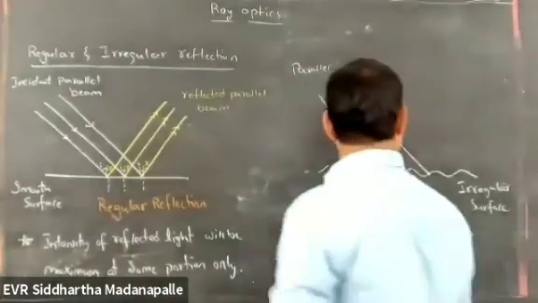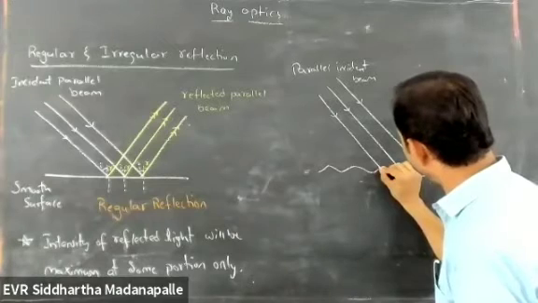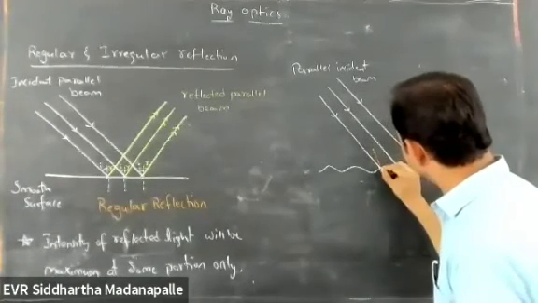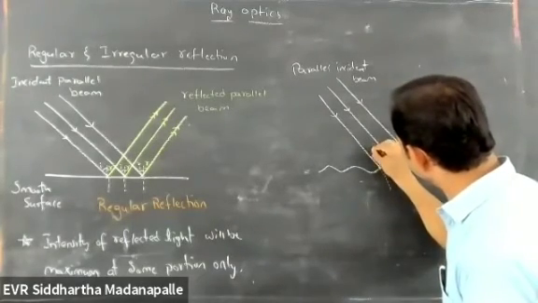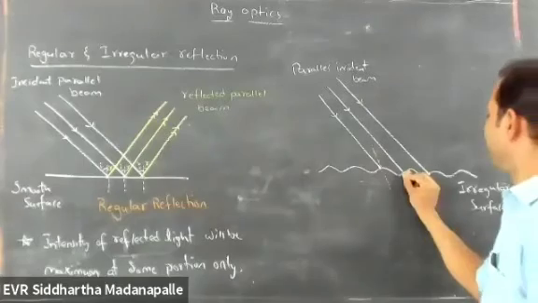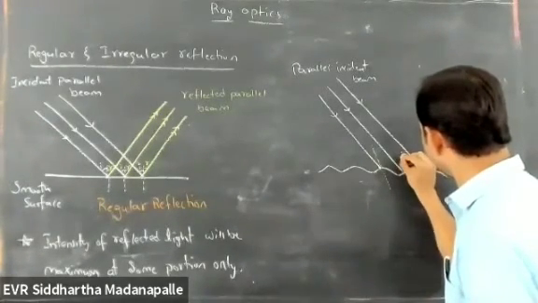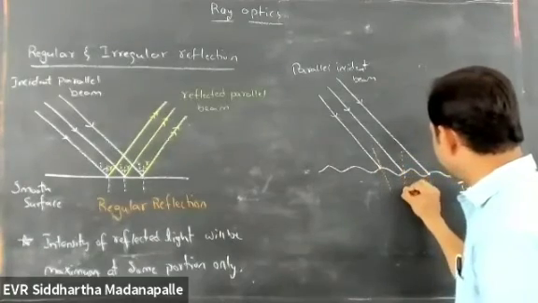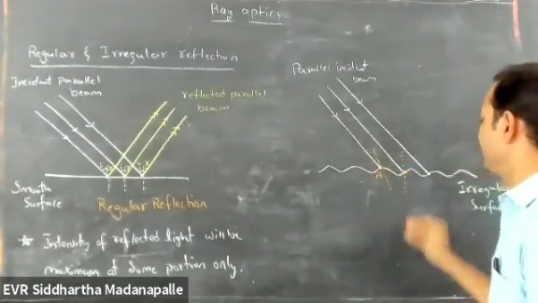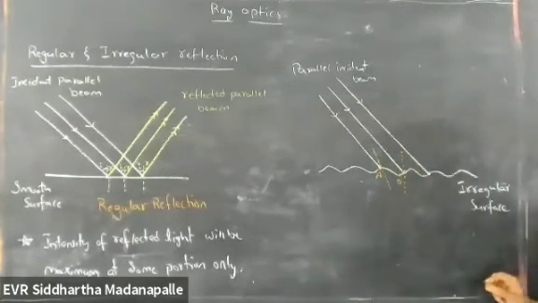Like this, we have to take a small portion at this point. At this point, the surface will be different, so the normal we have to take here. This is the normal at this point A, the point of incidence of the first ray. Let us consider B is the point of incidence of the second ray.